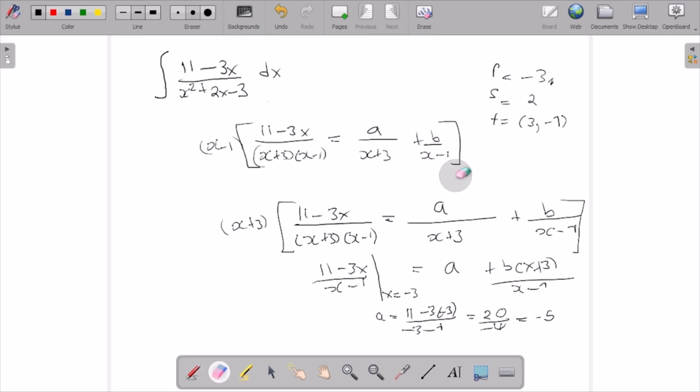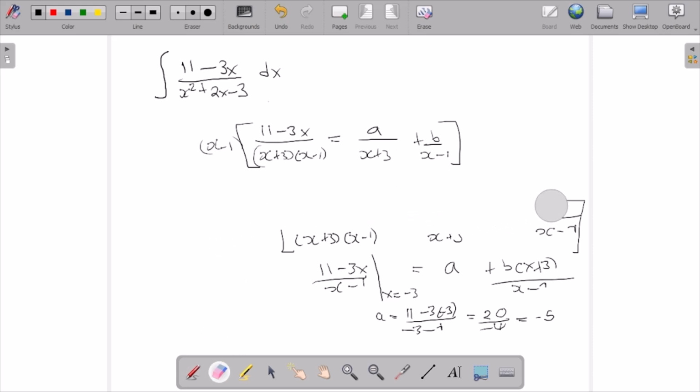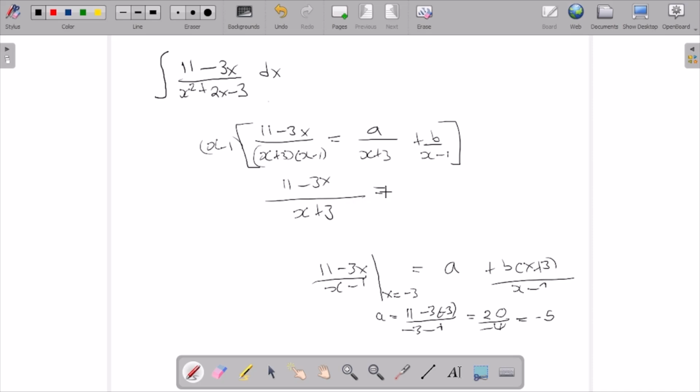All right, so what is this going to give us? Oh, it's simple. So let me just rub out the second part so that we give ourselves enough room. So this will be 11 minus 3x over x plus 3, and now notice that here we'll have a times x minus 1 over x plus 3 plus b.